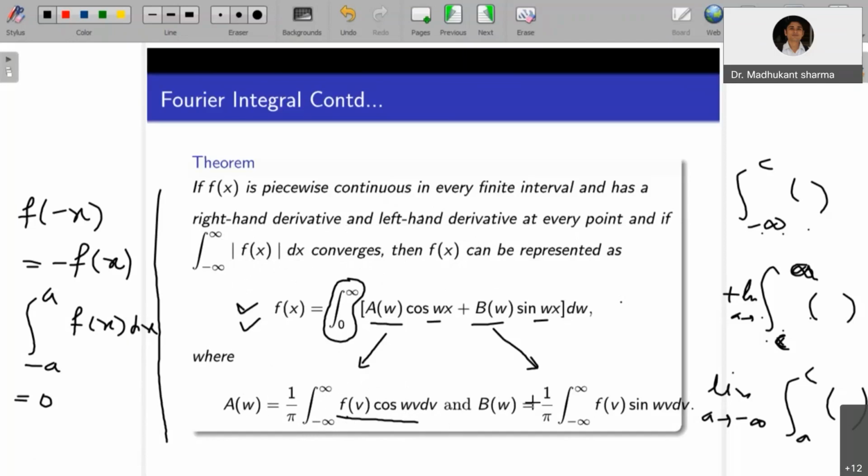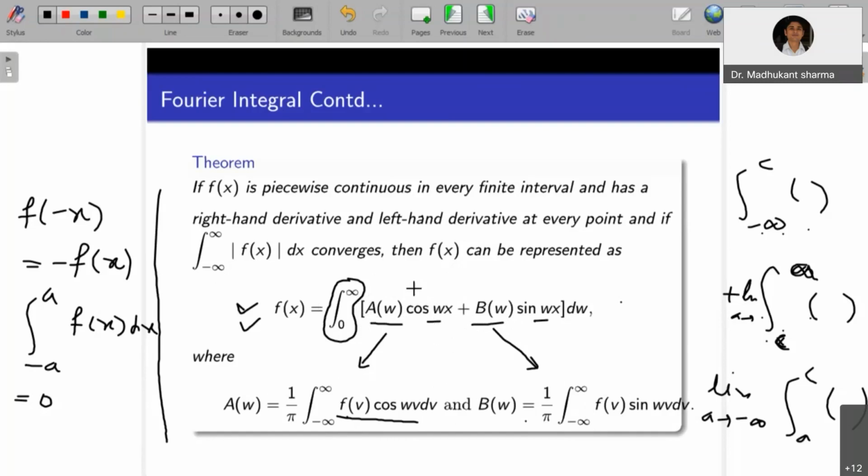So you will only have this b of w present in the Fourier integral. This term will not be there whenever f is an odd function. So that will give you a Fourier sine integral representation. If f is even, then b of w becomes 0 and you have only the first term present in this integral representation, which is known as a Fourier cosine integral representation.